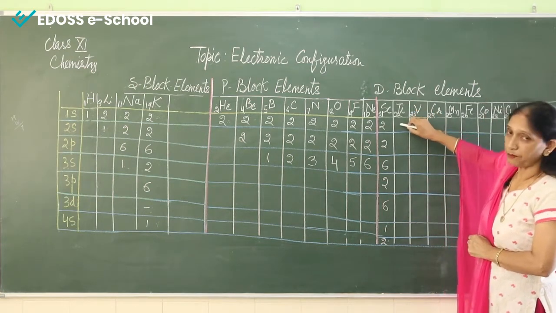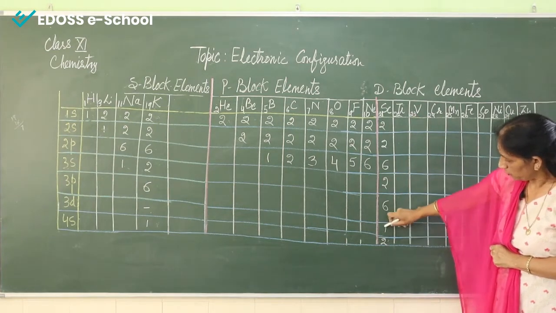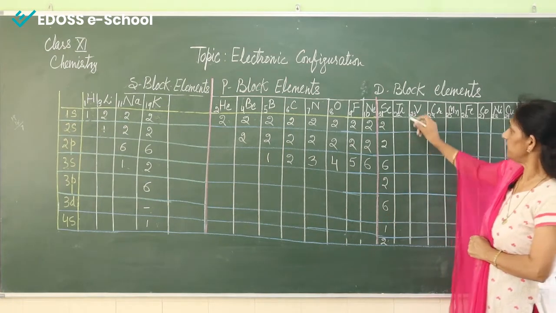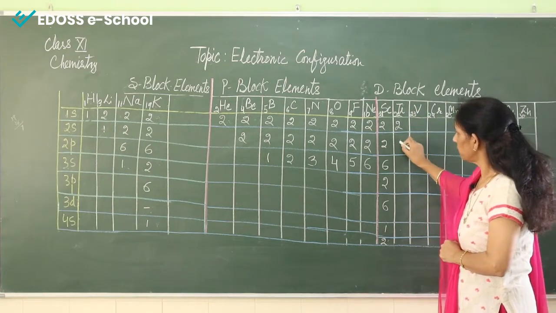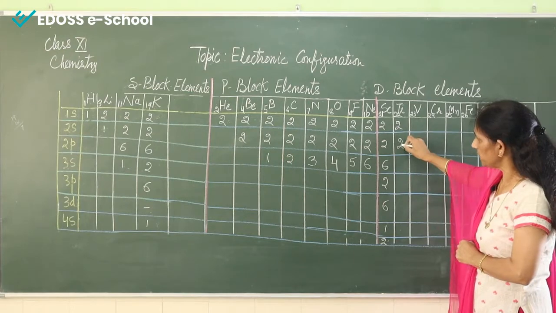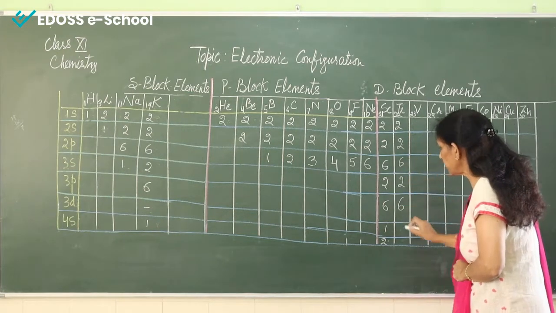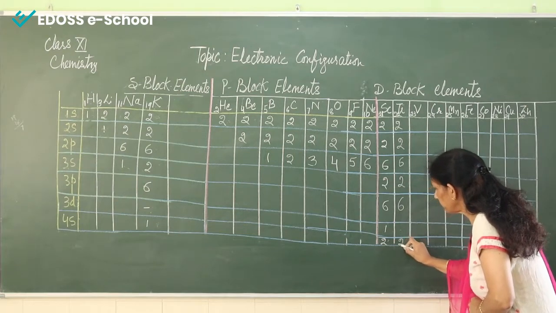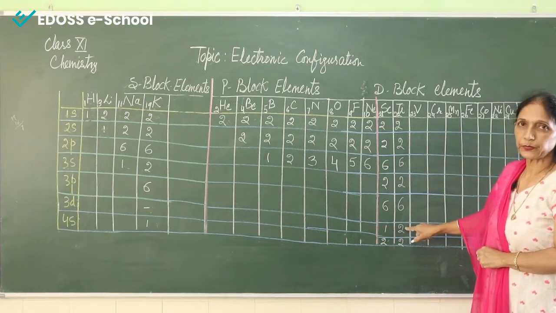Now titanium, up to here it will be the same, only the difference will be here. Titanium will be 1s2, 2s2, 2p6, 3s2, 3p6 and 4s2, and D will have 2 electrons.